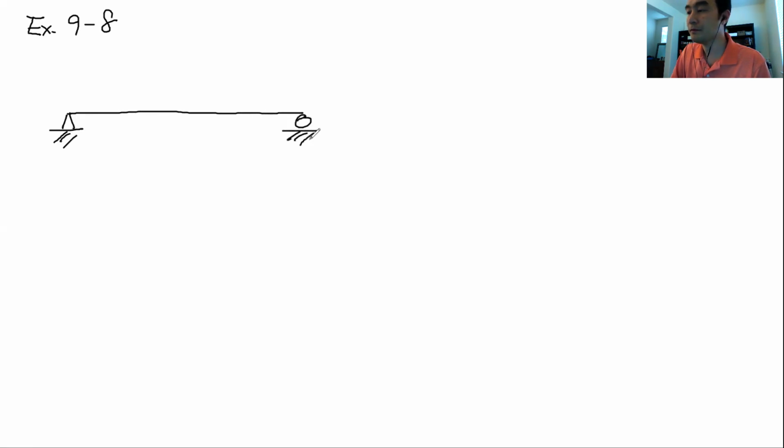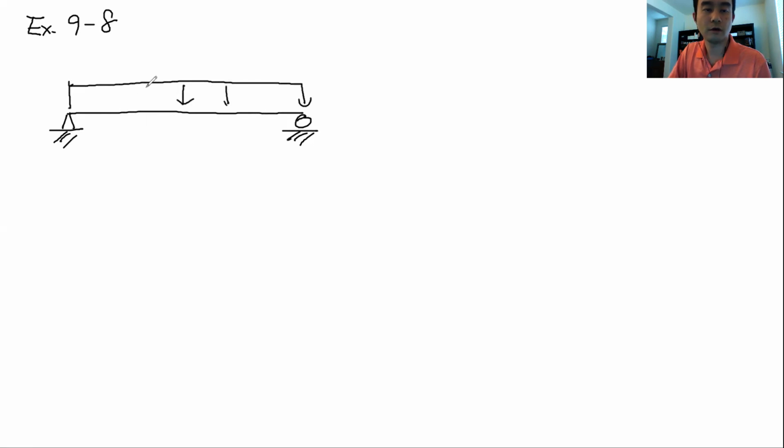Okay, so this is example 9-8. And here's a beam. This is a simply supported beam. And then we have a uniformly distributed load on top of this beam.